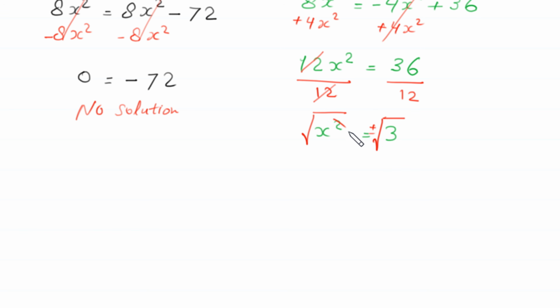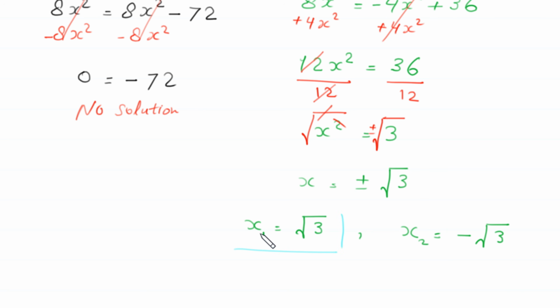So this square will be cancelled out with the square root, and we get the value of x is equal to plus minus root 3. It means that we have two values, x is equal to positive root 3 and x is equal to negative root 3. So we have two solutions of this equation: x1 is equal to root 3 and x2 is equal to negative root 3.